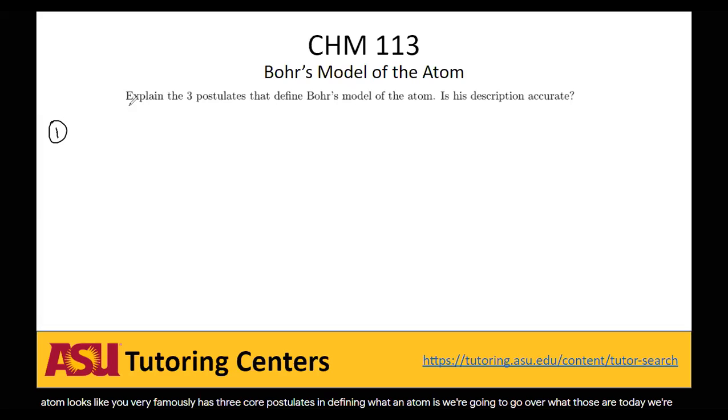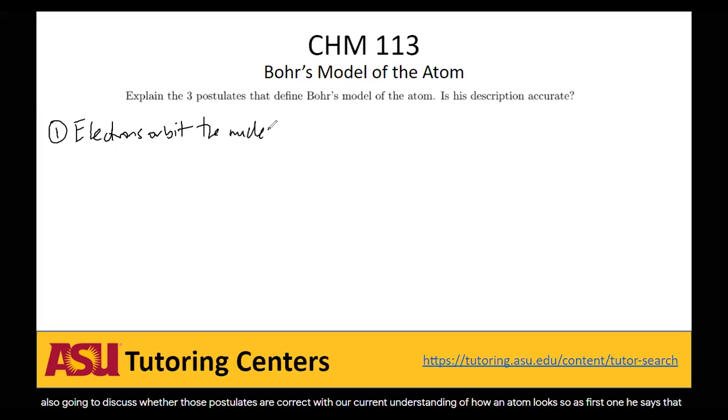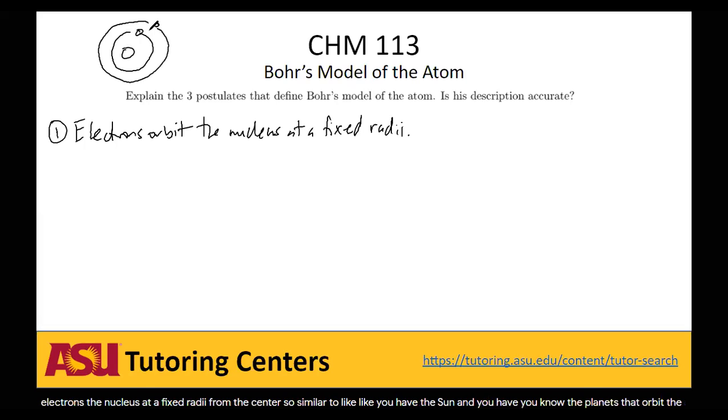His first postulate says that electrons orbit the nucleus at fixed radii from the center, similar to how you have the sun and the planets that orbit the sun. This was his idea of what an atom looked like. You had your nucleus and the electrons in their various orbits around it at a fixed radius.